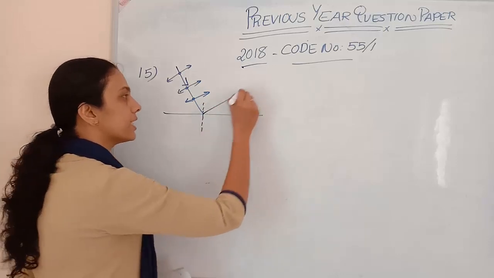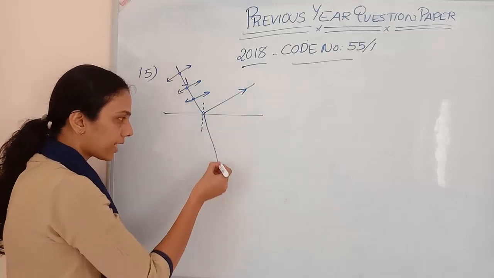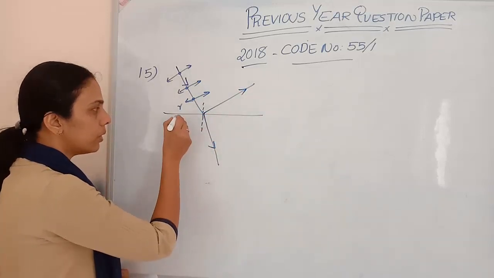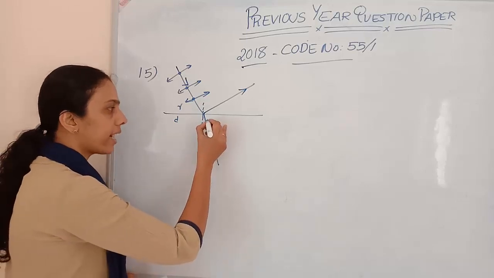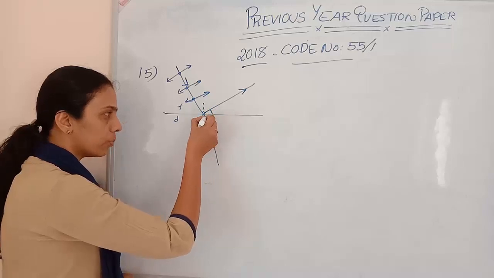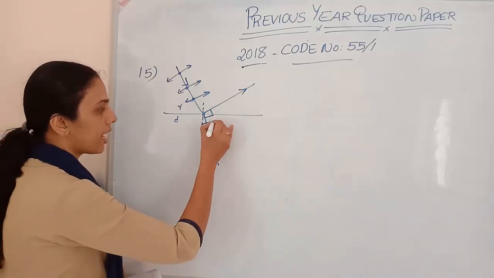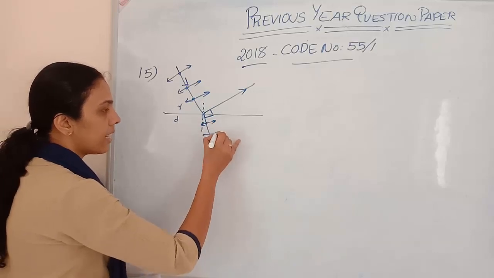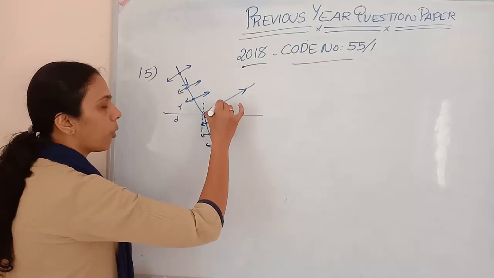It will get reflected and also refracted, rarer to denser medium, towards the normal. So the reflected light ray and the refracted light ray should be at an angle of 90 degrees. This is unpolarized light, but the reflected light ray will be polarized light.